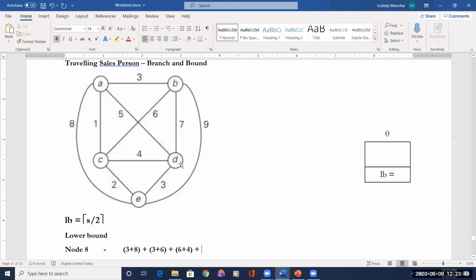For D, once again, the C to D, D to E path is compulsion. C to D, D to E. That is 4 and 3, 4 plus 3. Next, for E, which is compulsion, this D to E and E to A. So 8 plus 3.